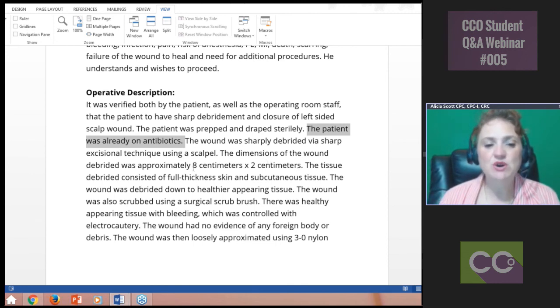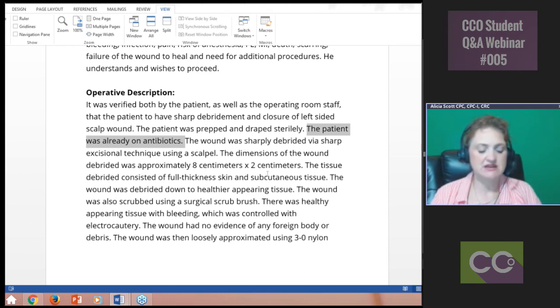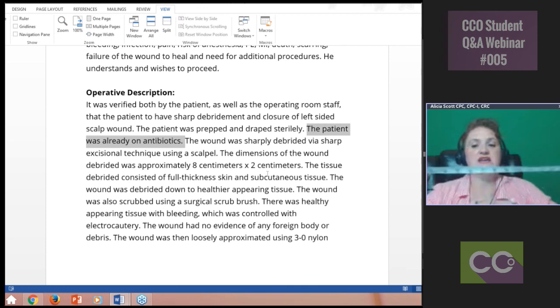But this is important. The wound debrided was approximately 8 centimeters by 2 centimeters. So let's get an idea of what 8 centimeters is compared to inches.